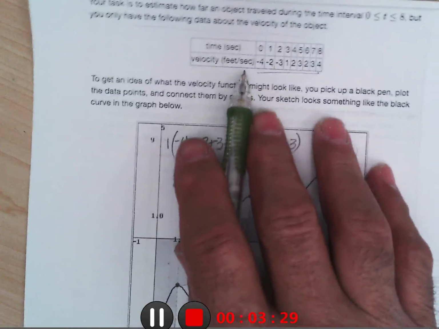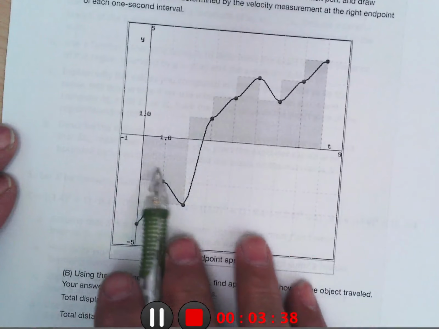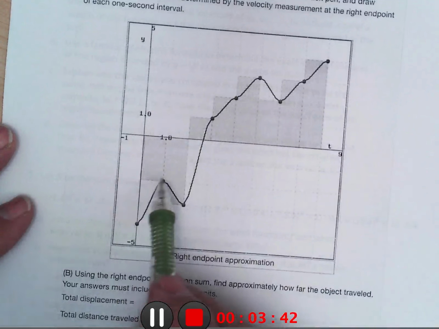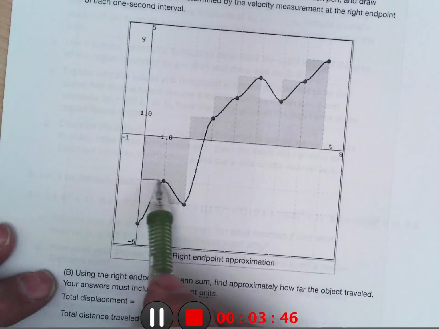Now part 2 of this number 2 says do the same thing, but only use the right hand endpoints. So this is acting like the speed it was at 1 second was what it was the whole time, and then all of a sudden it went to the speed it was at the end of 2 seconds.